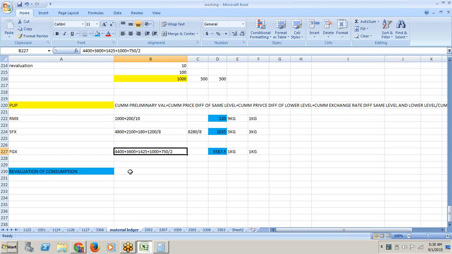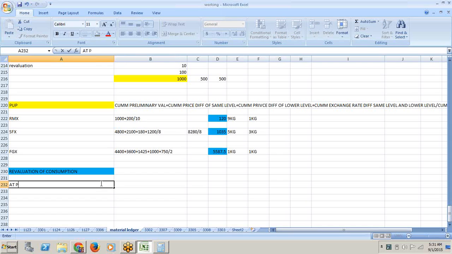Because this PUP price we are calculating only as a period-end process, but during the period, whatever sales we have done, the sales were posted with 4400 only, not 5587. So here what we are doing is revaluation of the consumption at PUP price. We are evaluating this consumption at PUP price. Whenever we are revaluating, what are we revaluating?